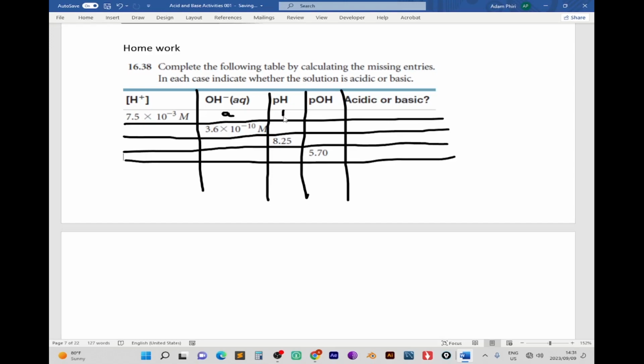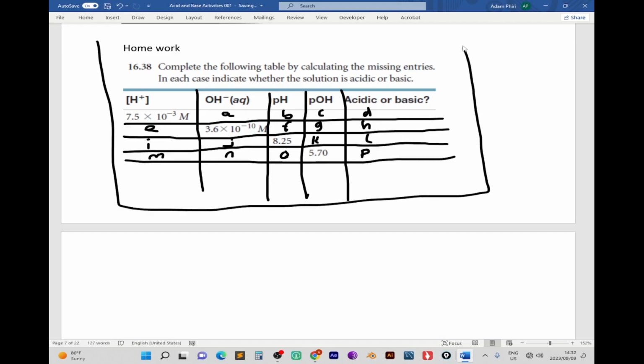So that is A, B, C, D, E, and this is F, that is G, that one is H, and that one is I, J. You have the J there for OH value, you have K there for pOH, and L if it's acidic or basic, M, N, O, P. So you fill in those spaces by calculation or determination.